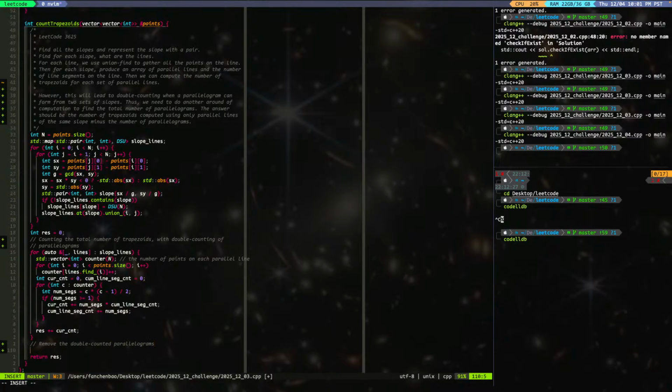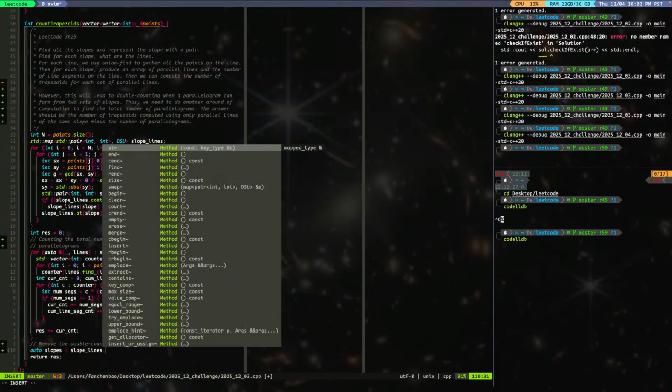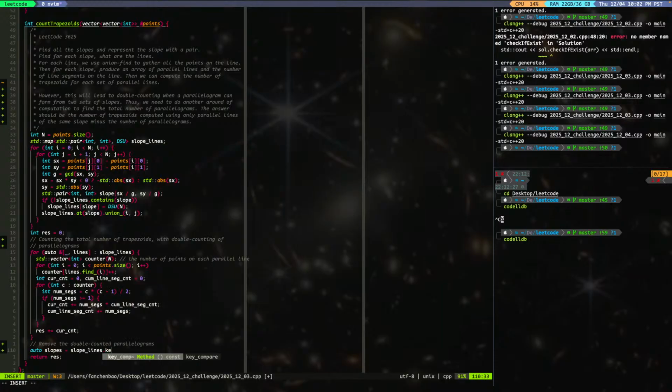How do we do that? So what we need to do is to find how many lines there are, right? So we need to know the total number. So we have each slope, right? We need to get the slopes. So we can say auto slopes equal to slope lines dot get keys.